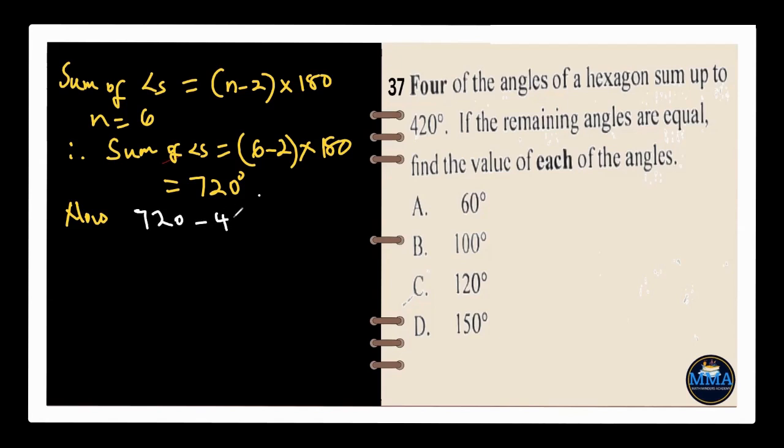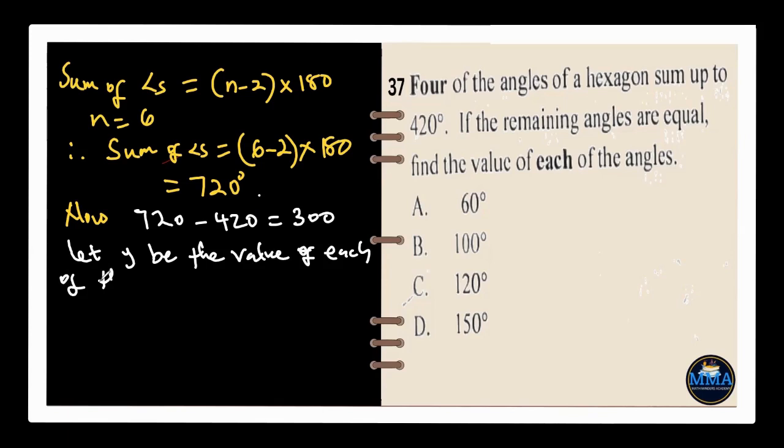720 minus 420, that gives us 300. So this will be the other two. So let y be the value of each of the equal angles, and there are two that are equal.